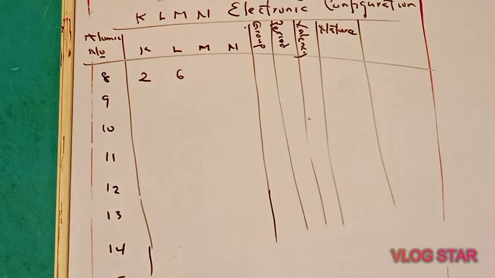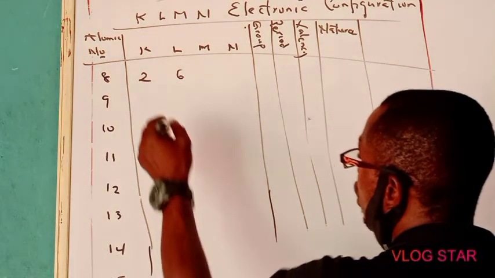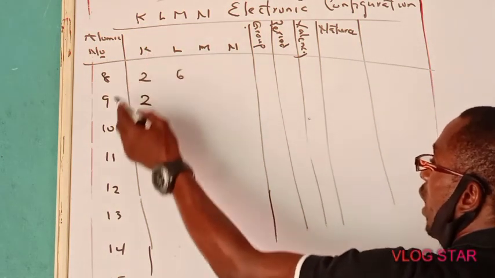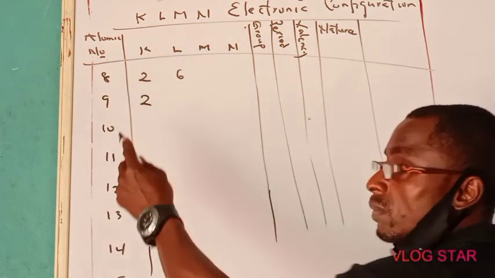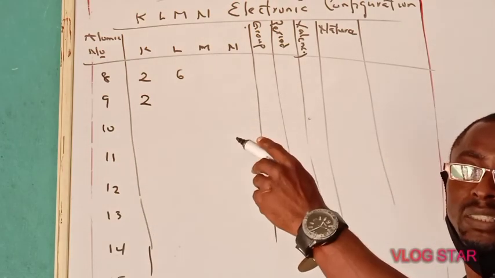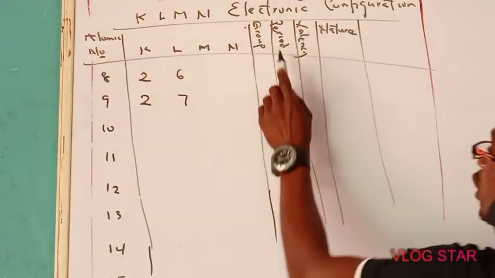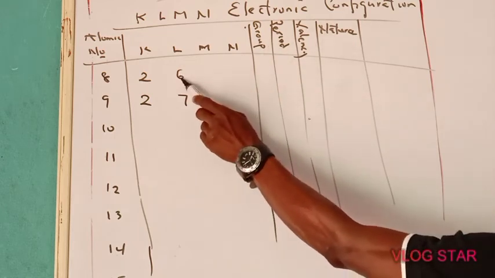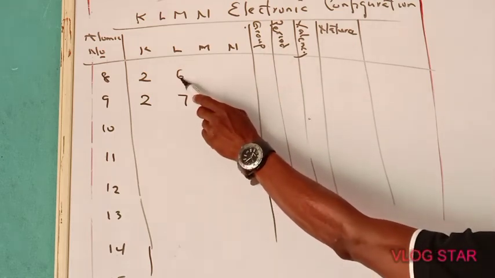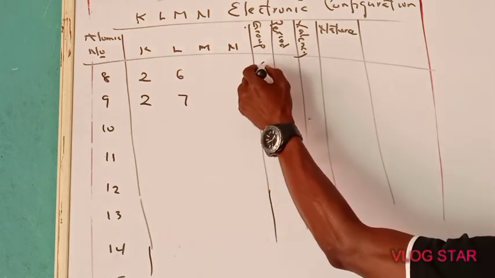Please look up. This is 2. How many remains? Now I said the group is the number of electrons in the outermost shell. 6, group 6.